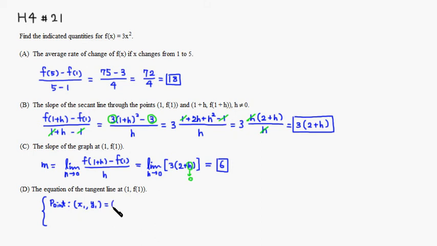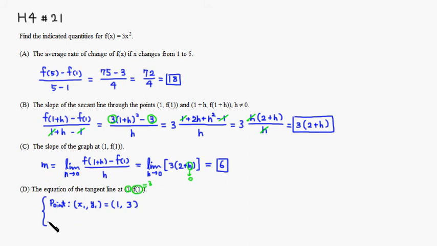Here, x1 is given right here. It's 1. And y1 is f of 1. Remember that we computed f of 1, which was 3. So 1, comma 3 is the point of tangency.